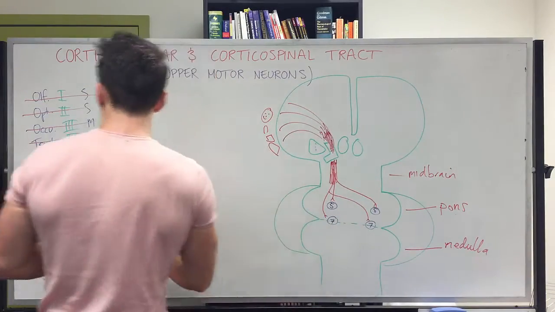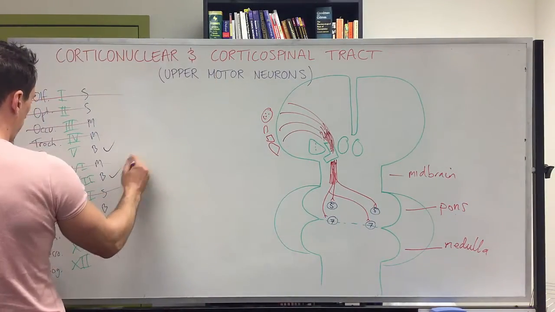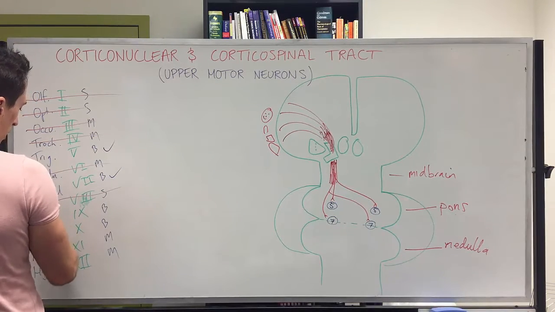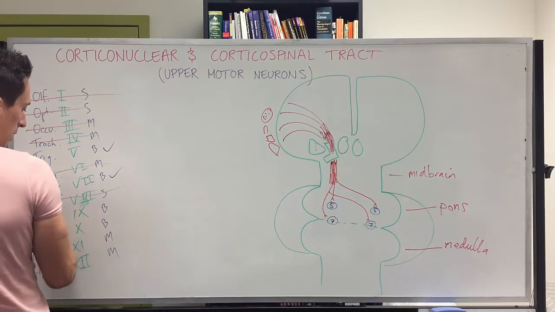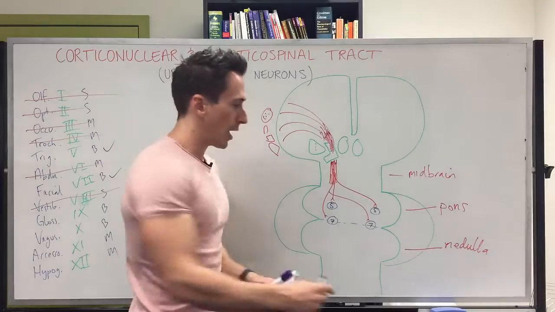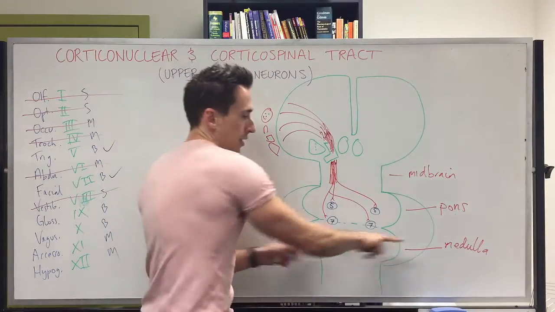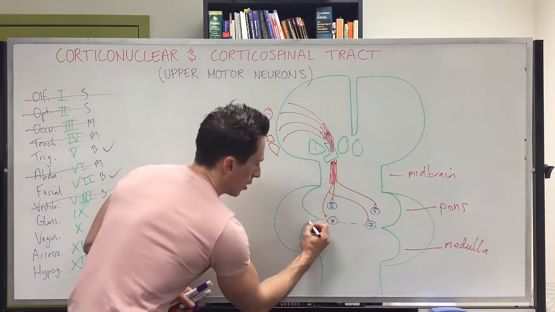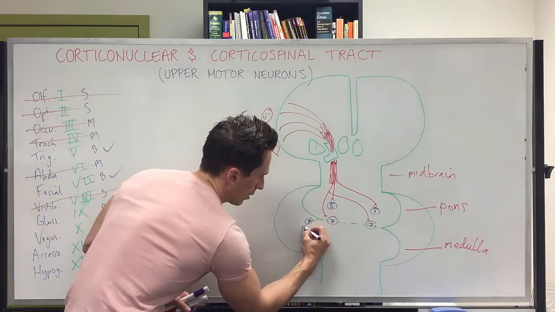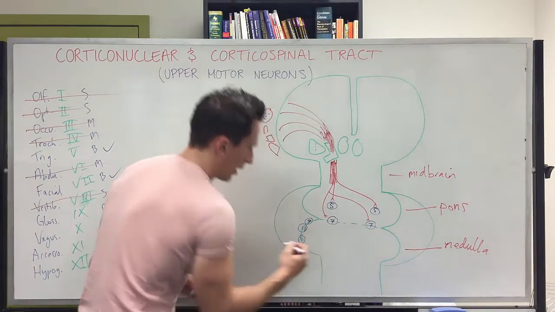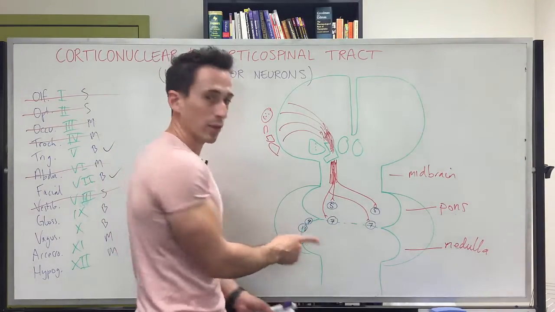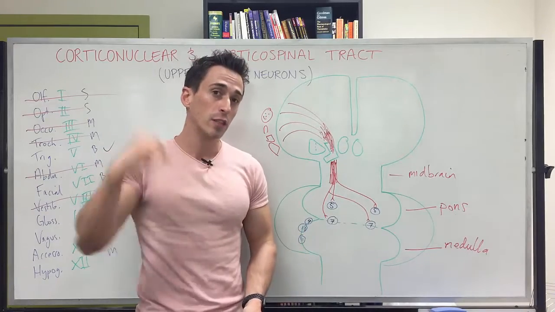All right, we've gone through trigeminal, we've gone through facial, glossopharyngeal, vagus, and accessory, 9, 10, and 11. 9, 10, and 11 are in the medulla, and they are lateral aspects. So 9, 10, 11. Now, the accessory nerve, which is number 11, you can have the cranial accessory nerve and the spinal.